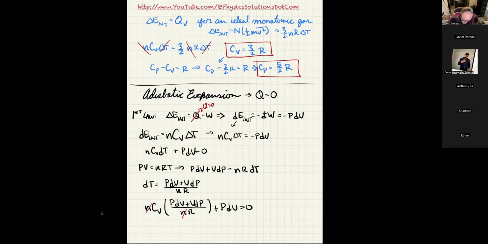We're going to say CV times P dV plus CV times V dP, all over R, plus P dV is equal to 0. The N was gone, so I should erase that. It's just the R down here.